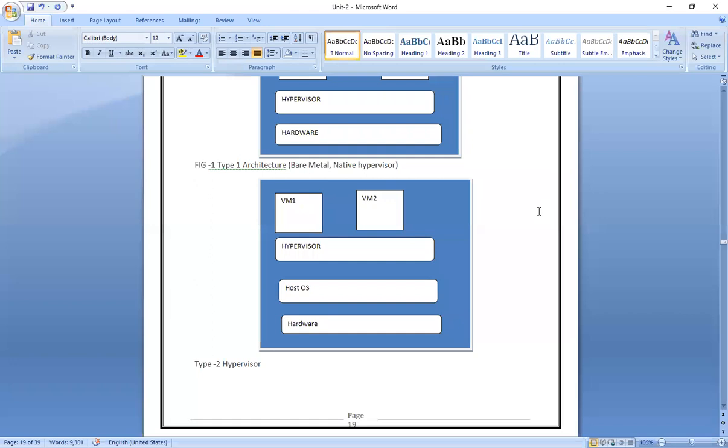But in type 2 there is a middle layer, the host operating system, between hypervisor and hardware. So we can say that there is no middle layer in type 1 hypervisor, making it the logical choice for mission critical applications and workloads.